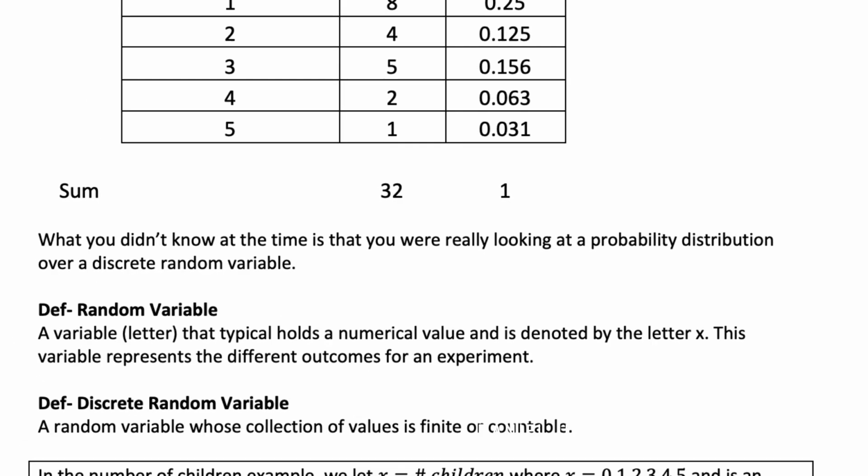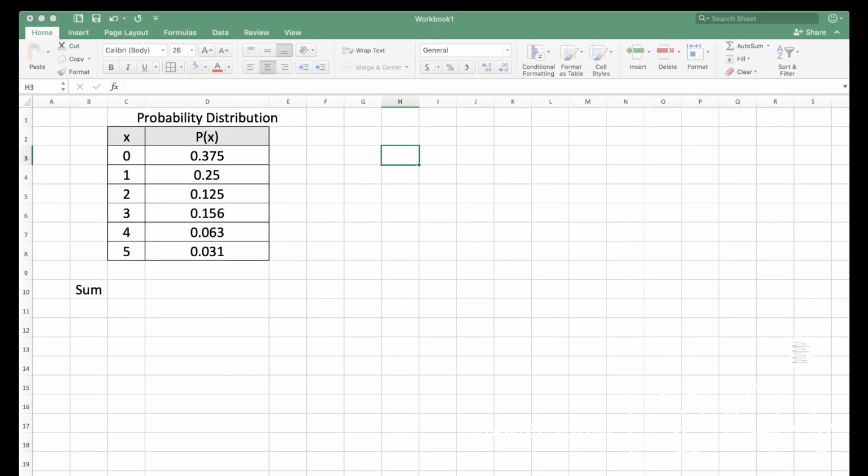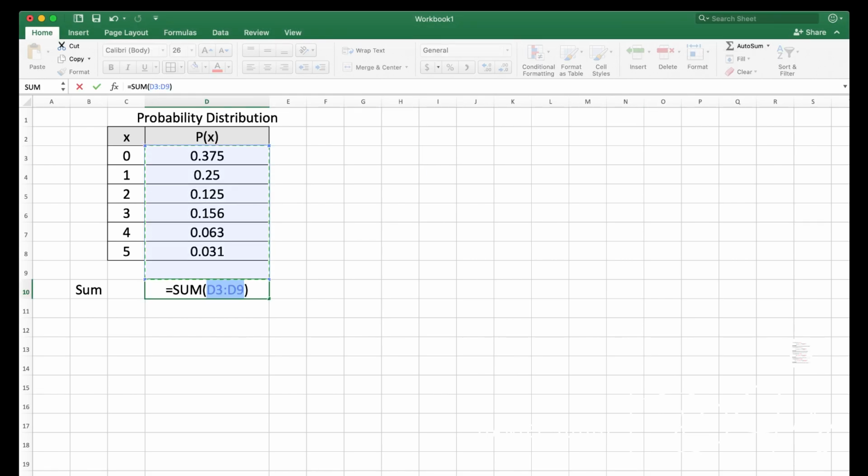Well, when I add my probability values, what do you think that sum should be? When I add these now, go to sum. That value is also 1.